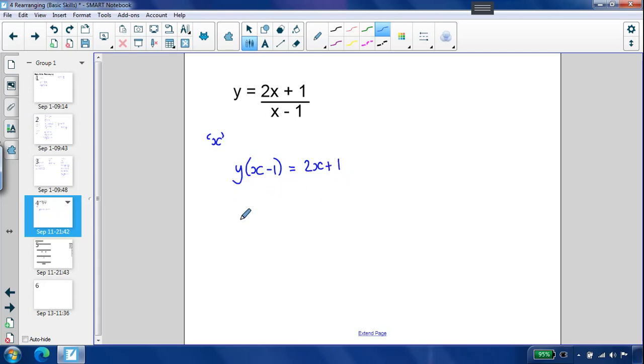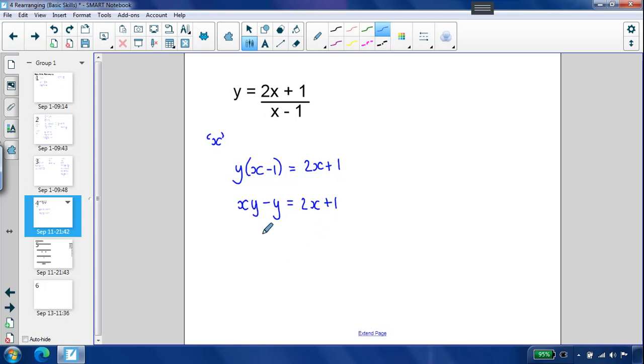Now I'm going to expand this. I'm not going to write yx, I'm going to write xy because it's in alphabetical order. Minus y is equal to 2x plus 1. Now I want to make x the subject, so I'm going to combine the two x terms and put them on the same side.